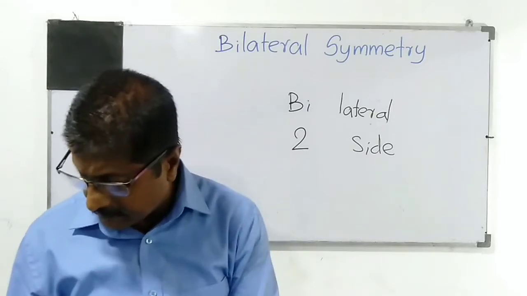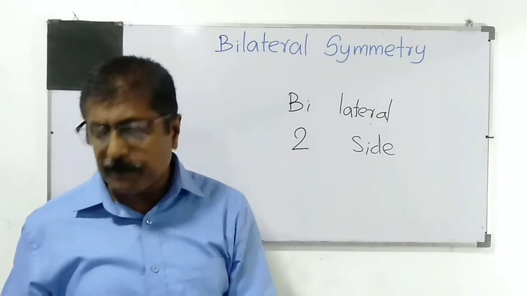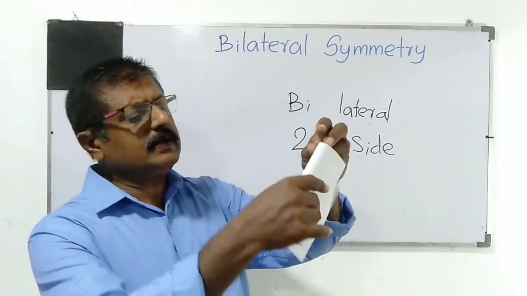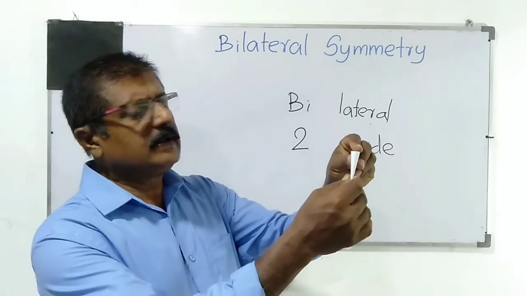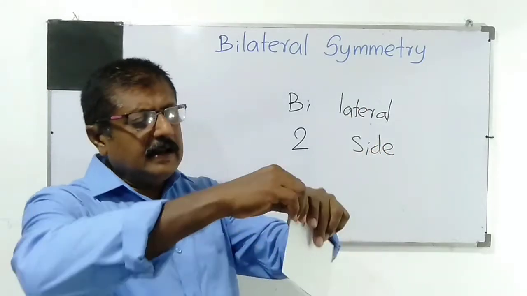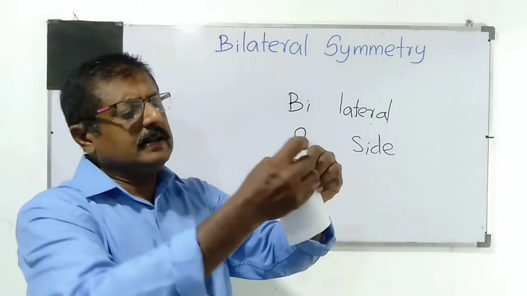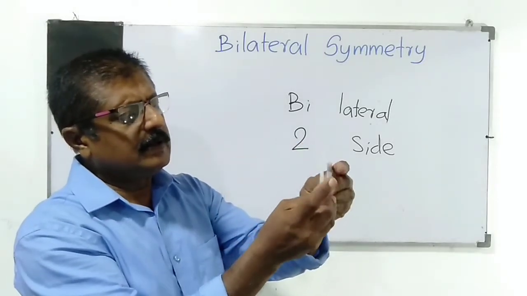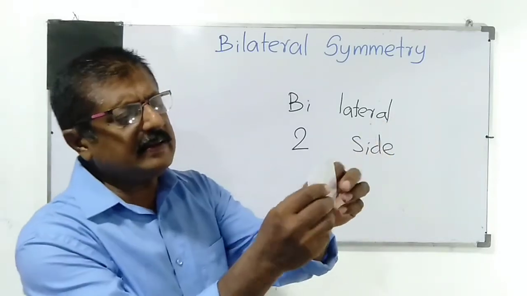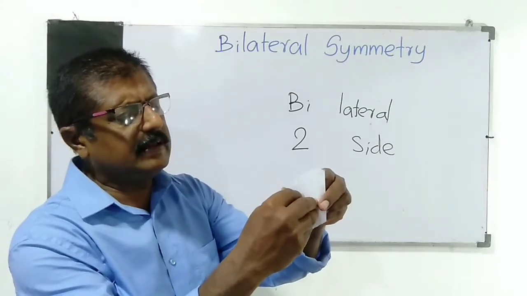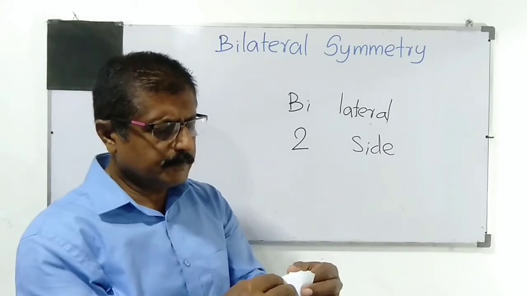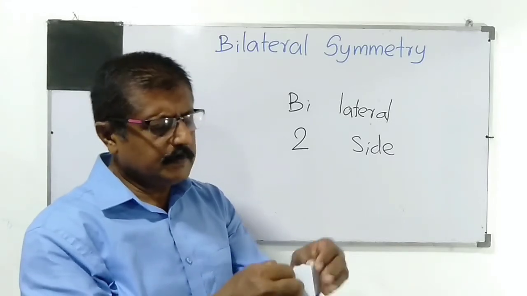Now, we can take a paper like this. Take a paper like this and fold it in two. Fold like this and tear it in any shape like this. Then you can understand that when we unfold it once again, here you are.